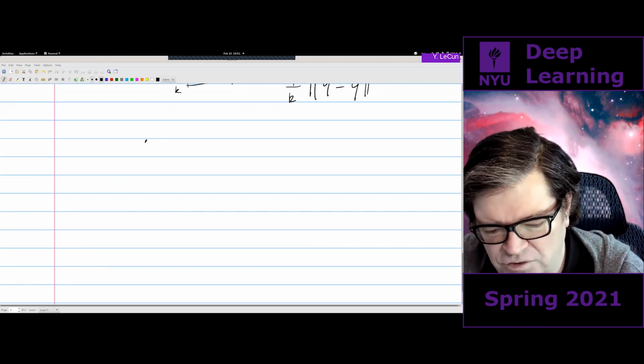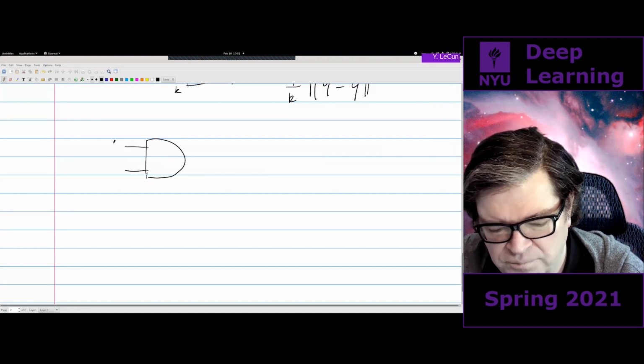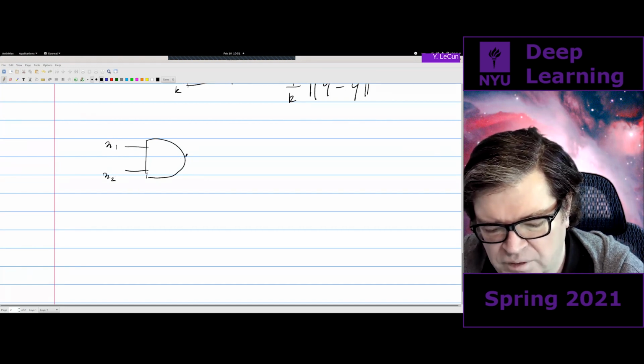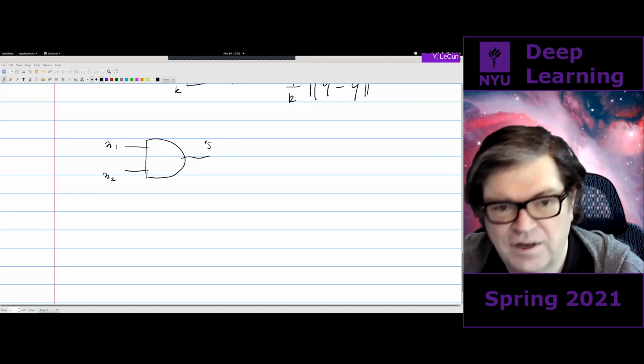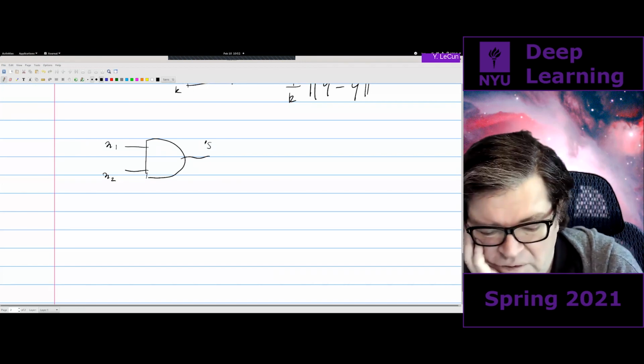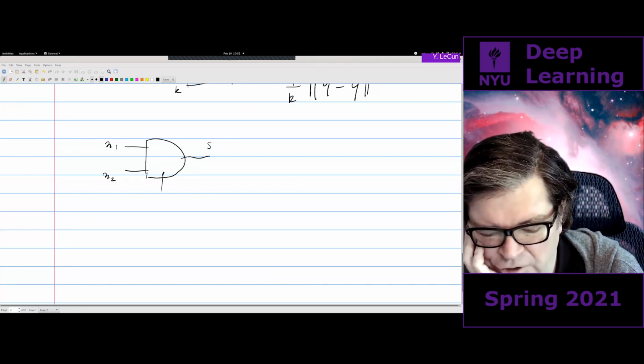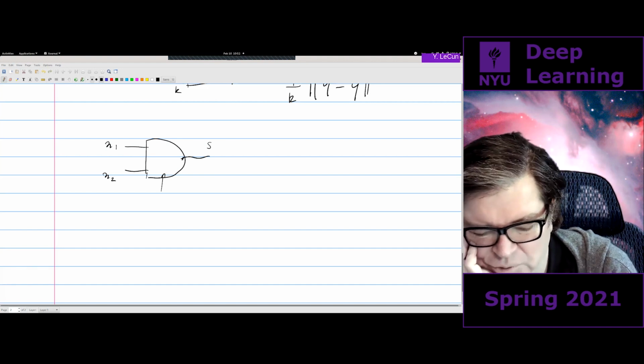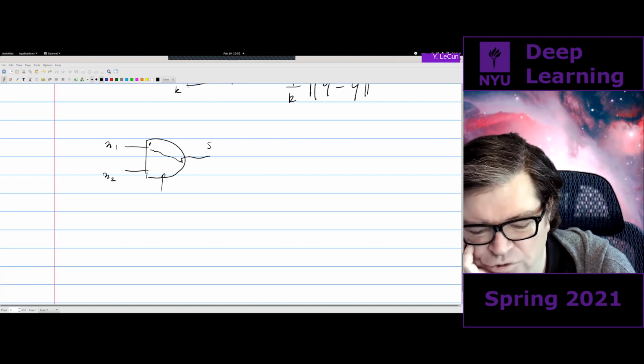And that special case is a switch. Okay, so let's imagine we have a module that has 2 inputs, x1, x2, and a single output. I'm going to call it S. And depending on some other variables, which I'm not going to specify, this guy either chooses the first variable or chooses the second variable.